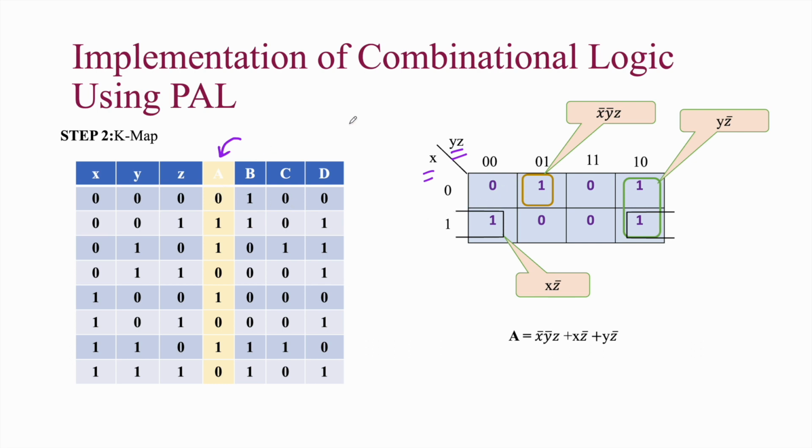When we plot all these minterms inside, at 0th location we have 0, at 1 we have 1, at 2 we have 1, at 3 we have 0, and for 4, 5, 6, 7 we have 1, 0, 1, 0. So we have written all the combinations in our KMap.